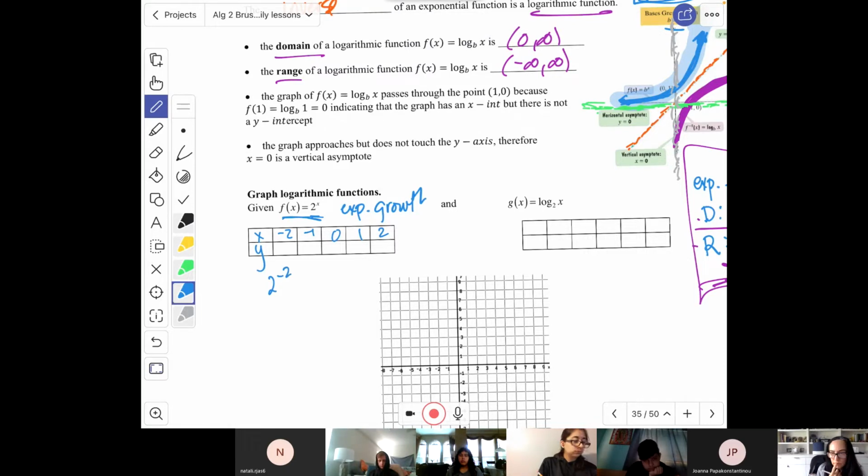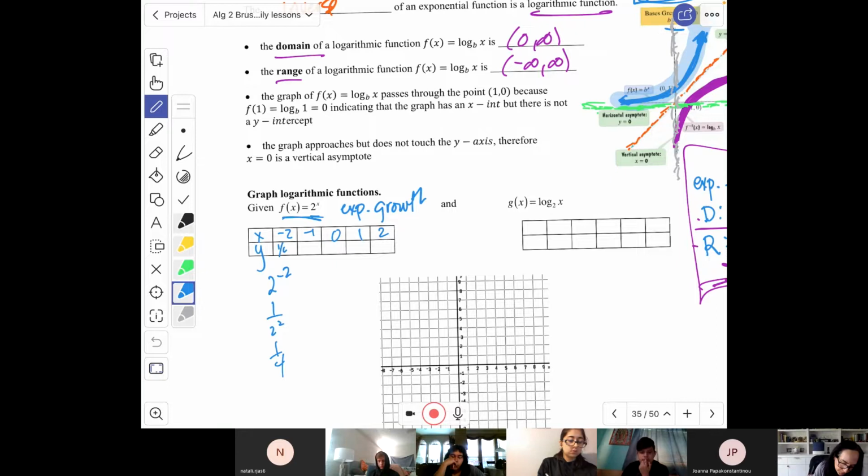What's 2 to the -2? Oh my gosh. Has everybody just drawn a blank on everything math related today? Is it 1/4? Mm-hmm. This is 1/2 squared, which is 1/4.